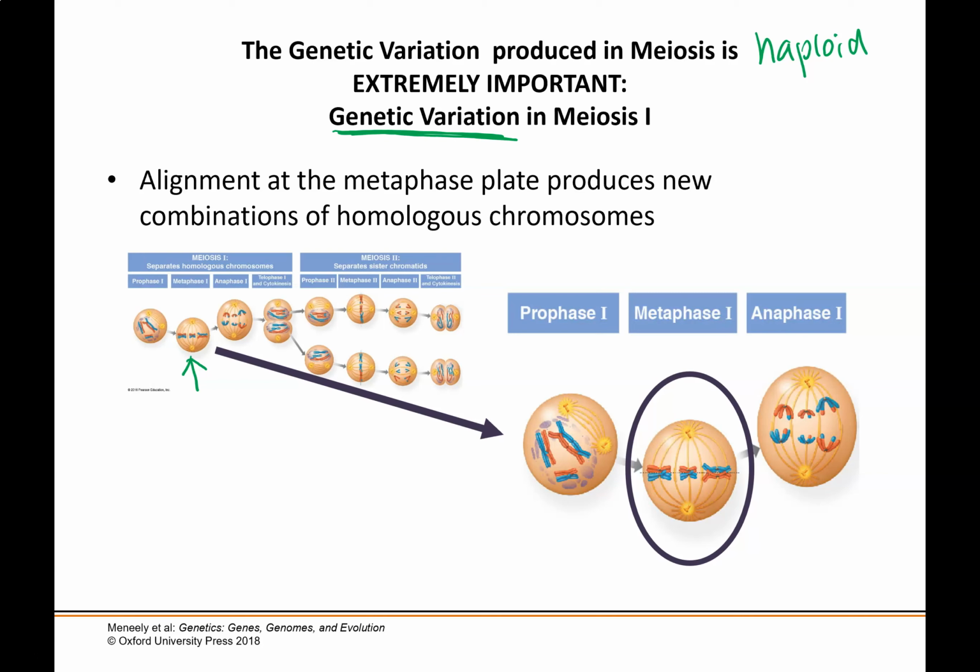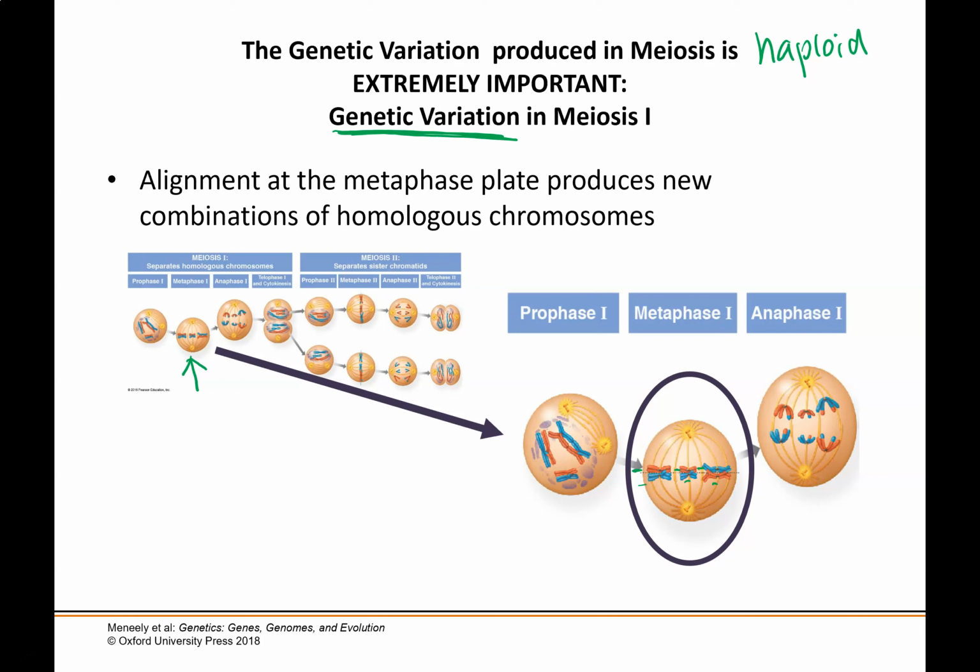This is from a different book. But the way that those chromosomes line up is going to give you some of the variation that's produced in meiosis. So we have lined up here red, red, blue on the top, and on the bottom, we've got blue, blue, red. Now that means half the cells are going to get 2 of mom's red chromosomes and 1 blue. The other half is going to get the opposite, 2 blue and 1 red.